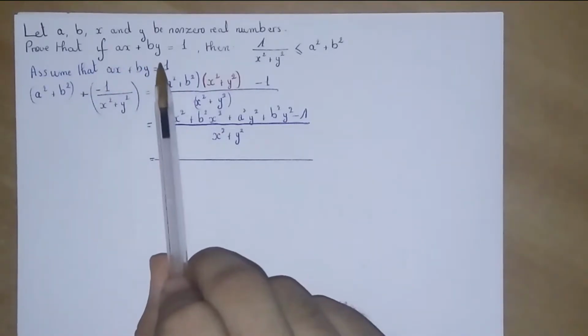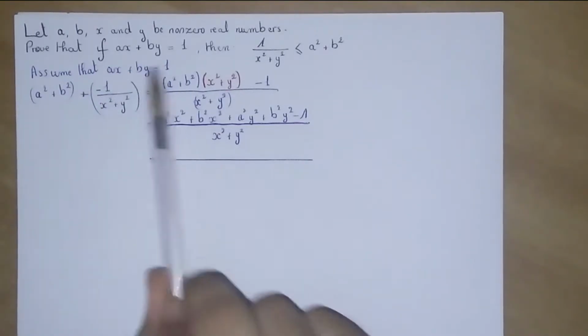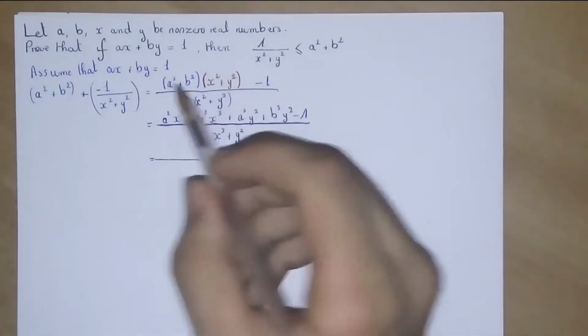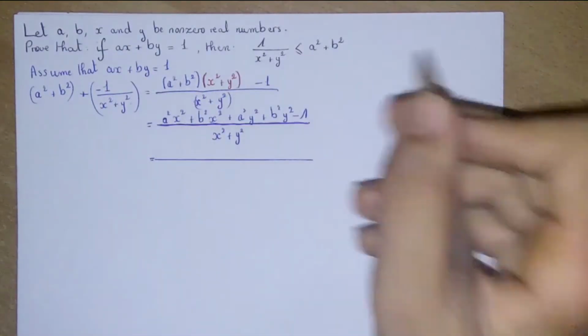If we compare this expression with this one, we can see a few similarities, because a squared x squared is nothing but ax all squared.